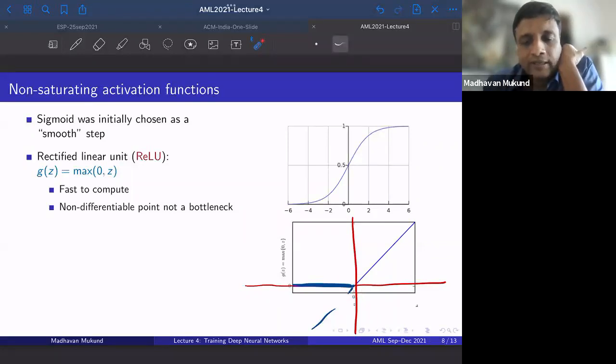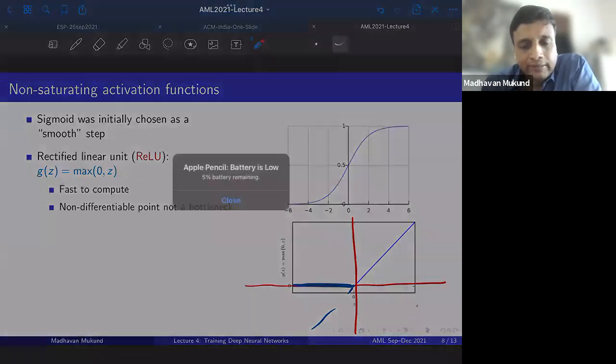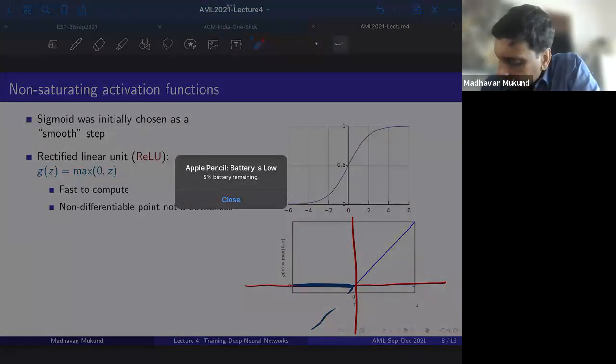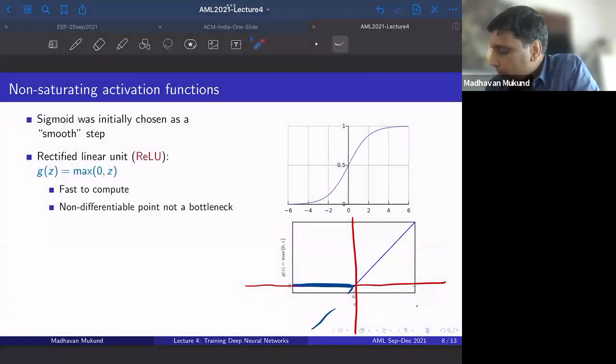You're always at some value which is either on this side or on that side, so you'll either get the 0 slope or the real slope. It turns out that this non-differentiability, despite a lot of theoretical prejudice against such functions, doesn't matter in practice. And the great advantage is that it's functionally much easier to compute. So this is the ReLU, or the rectified linear unit.